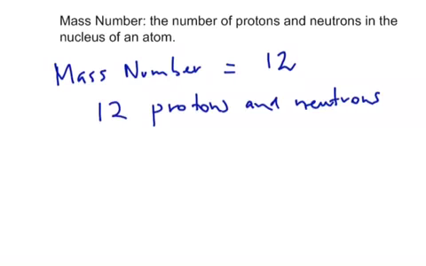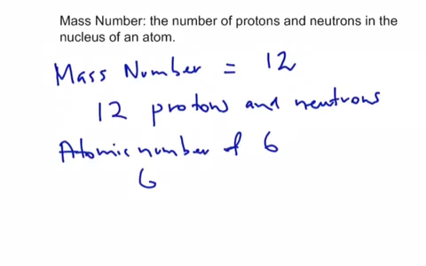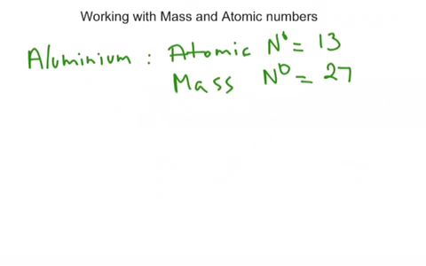For example, if this particular atom has an atomic number of 6, this would mean that it has 6 protons in its nucleus. So if it has 6 protons in its nucleus, you could work out that if it has a mass number of 12, it must also then have 6 neutrons in its nucleus.